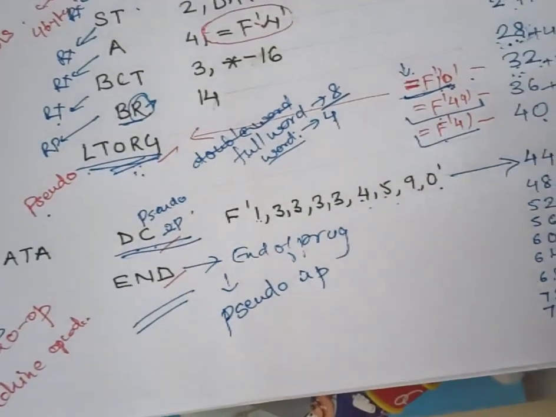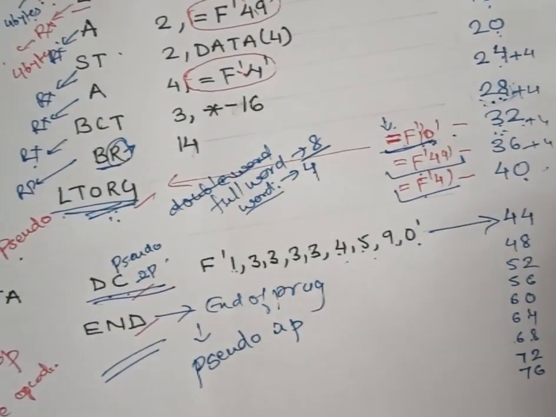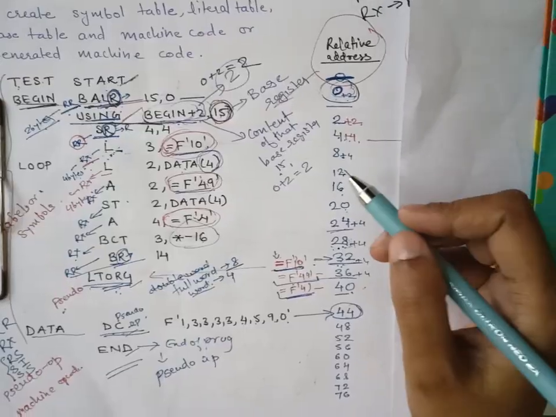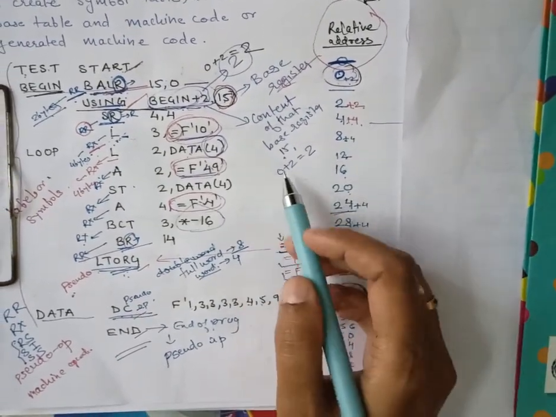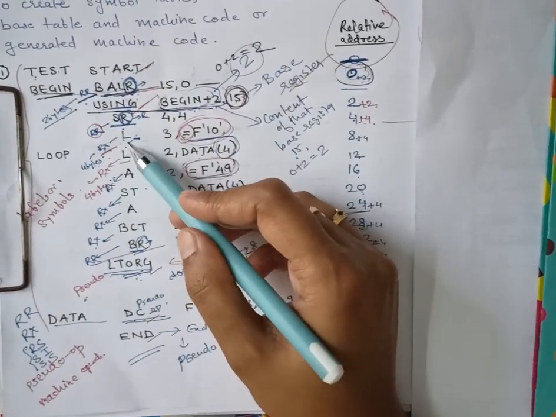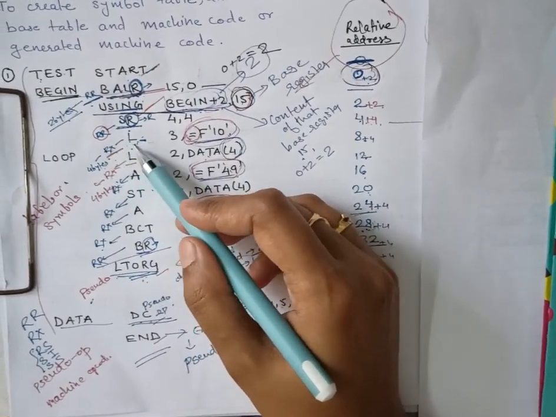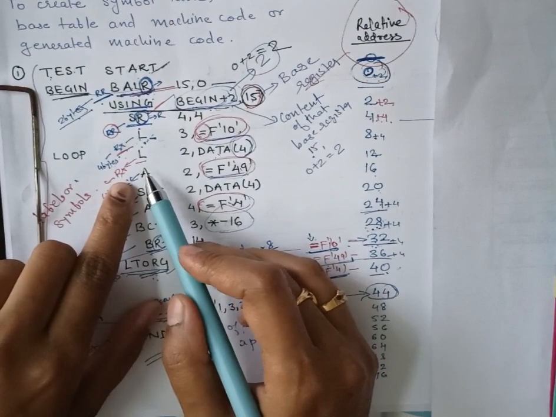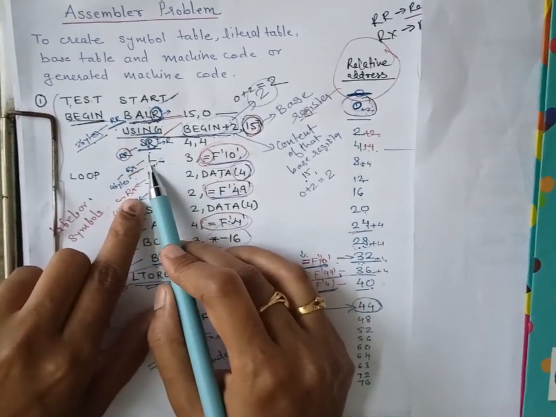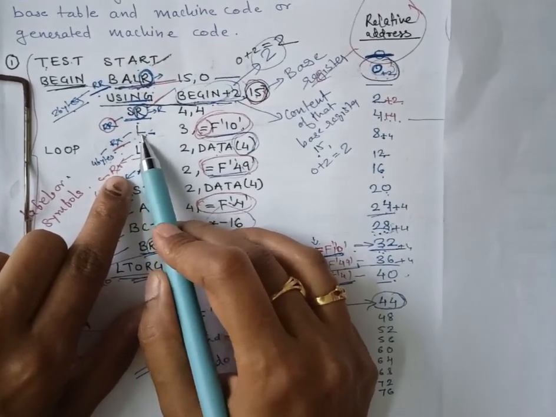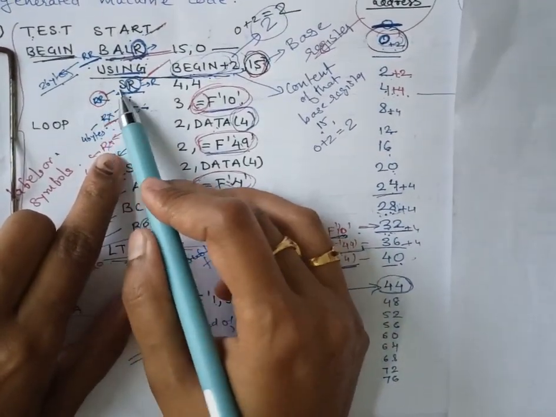Okay, so this is the relative address and how the relative address gets found. One thing we have to remember while taking the relative address of the current instruction is that we always check the previous instruction set of that particular instruction. For example, here we can see the SR is an RR instruction. So for finding the relative address of the L, we have to check the previous instruction.